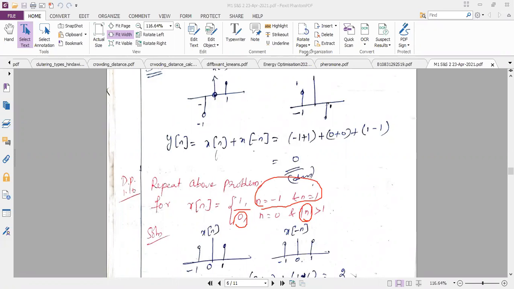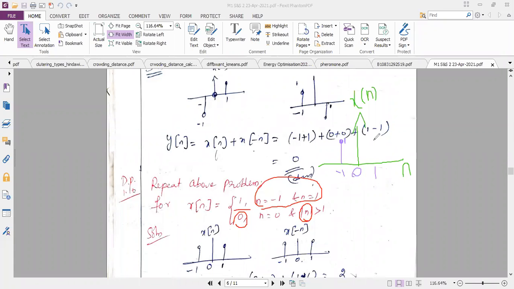So let me draw x of n slowly. Okay, I will do it very slowly. So my first work is I have to draw the x-axis and y-axis. X-axis is n and y-axis is x of n. So as per the data, I have to make the amplitude. So I am marking minus 1, 0 and plus 1. At n is equal to minus 1, they have mentioned the amplitude is 1. So I am marking the amplitude as 1. And at n is equal to plus 1 also the amplitude is 1.